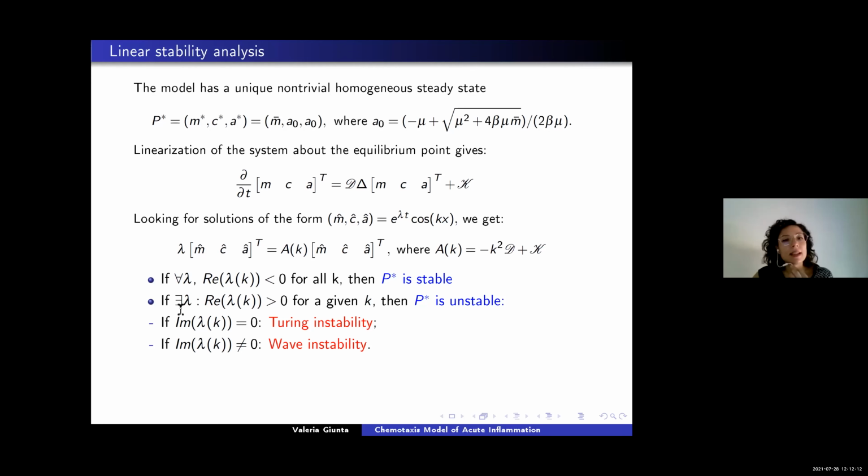If there exists one eigenvalue with positive real part, the equilibrium point becomes unstable. And since our system consists of three populations, we can have a Turing instability when the eigenvalue is real and positive, or a wave instability when it admits a pair of complex eigenvalues with positive real part.